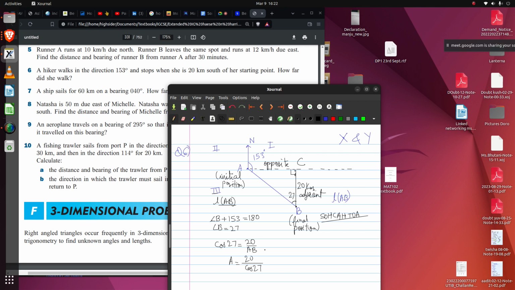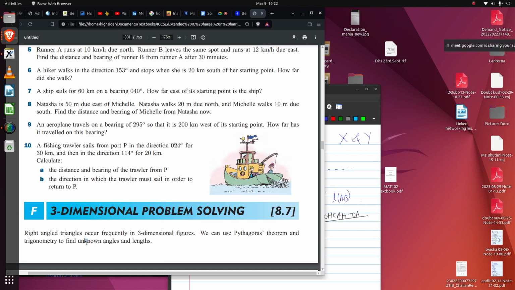See what you get. It gives me 22.4. You can round it off to 22.5. Is it meters, kilometers, centimeters? It's in kilometers. Exactly.